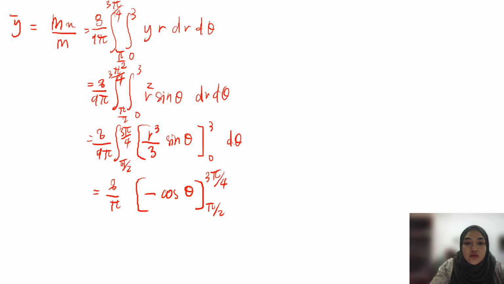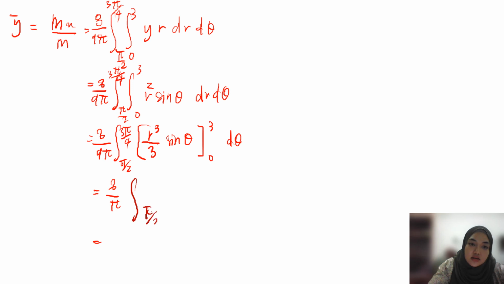I already integrated this one, but actually you have to show your working here. I just simplified it, but I think you have to show it. Okay, I'll show you, follow me, otherwise you won't get marks here.